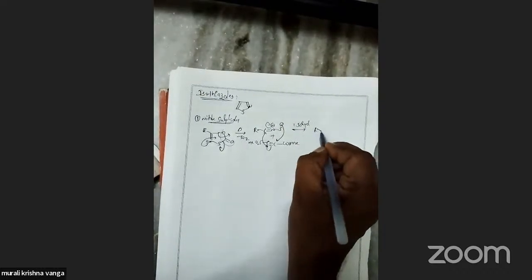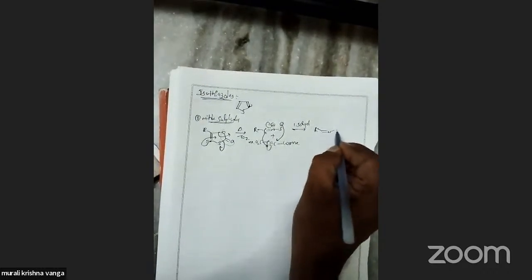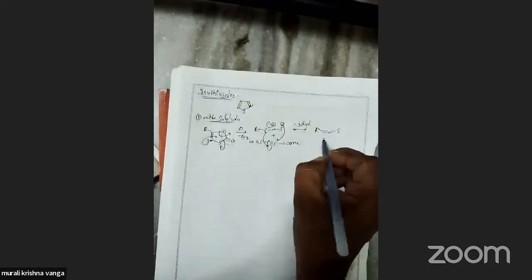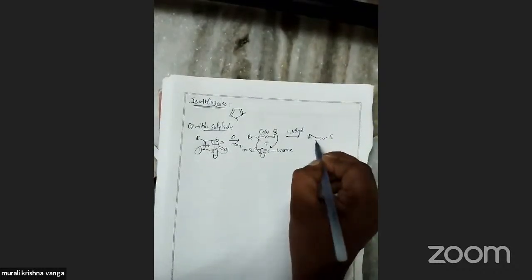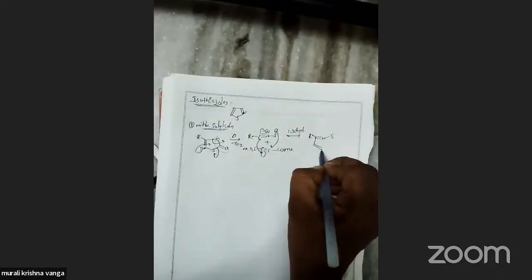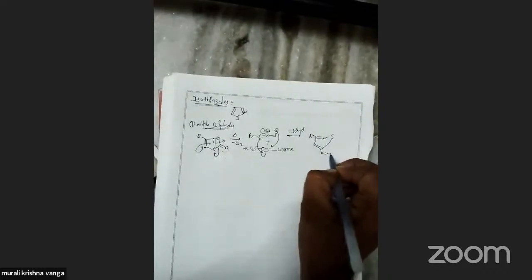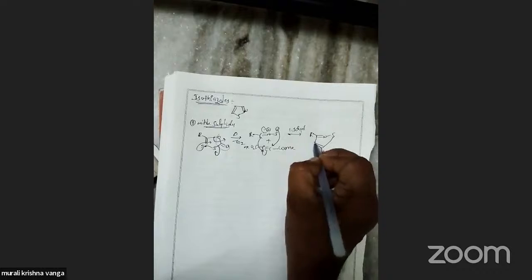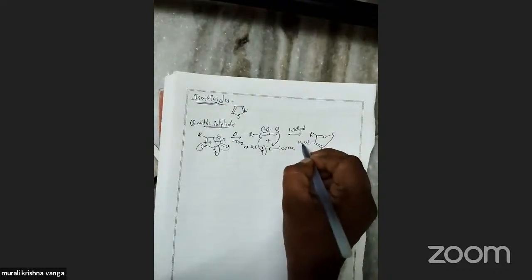The product is the isothiazole, formation takes place.